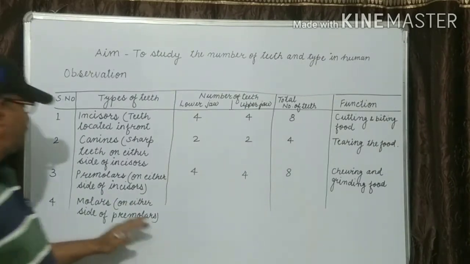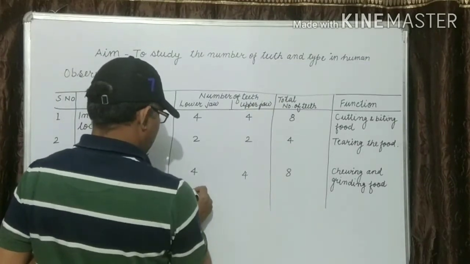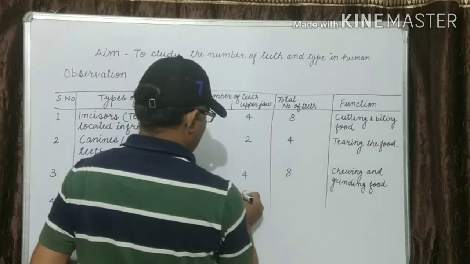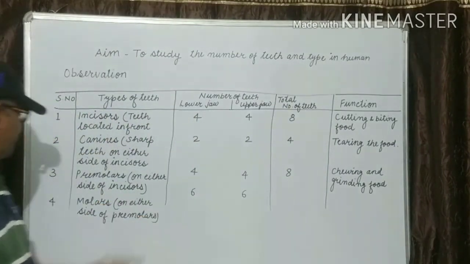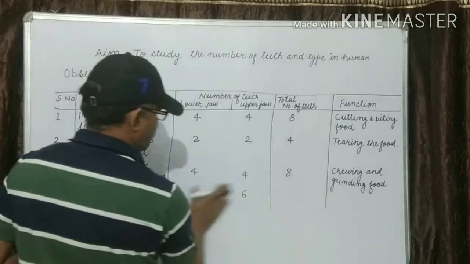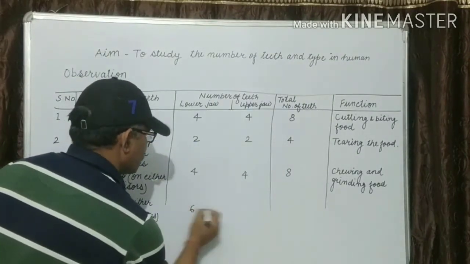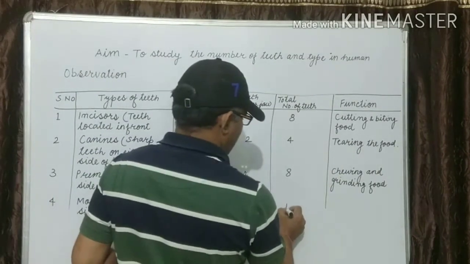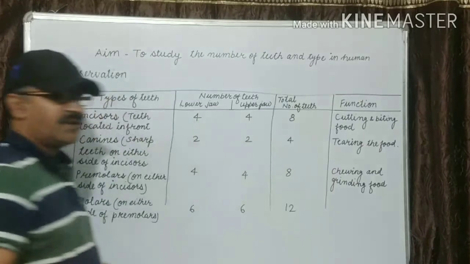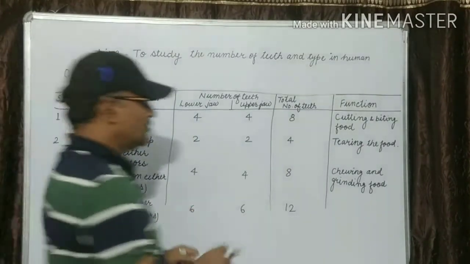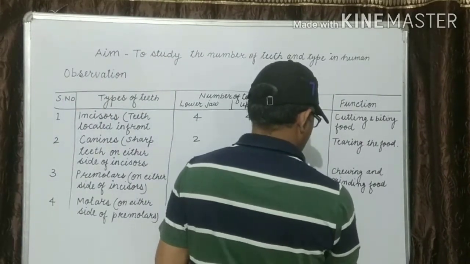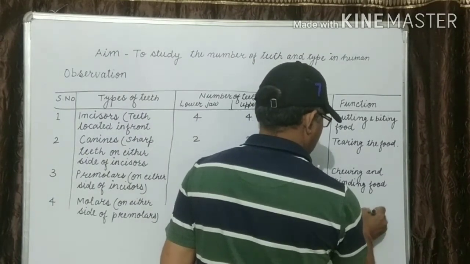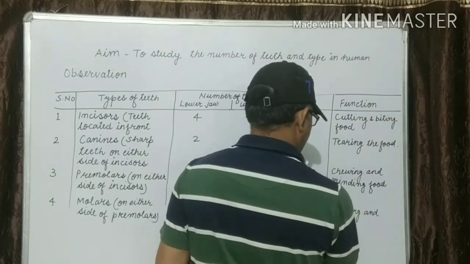What is the number of molars? They are 6 in lower jaw and 6 in upper jaw. What is the total number of molars? Total number of molars, they are 12 in number. And what is the function of the molars? They also help in chewing and grinding food.